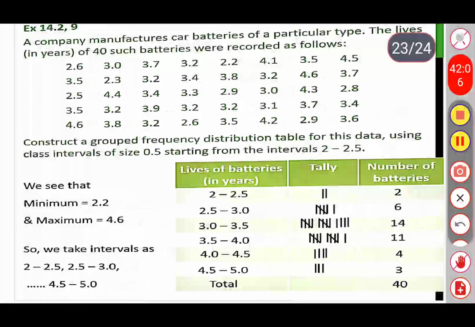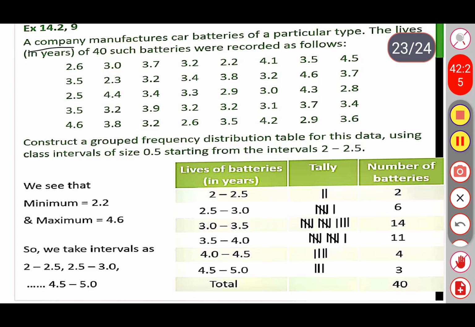The next question is, a company manufactures car batteries of a particular type. The lives in years of 40 such batteries were recorded as follows.